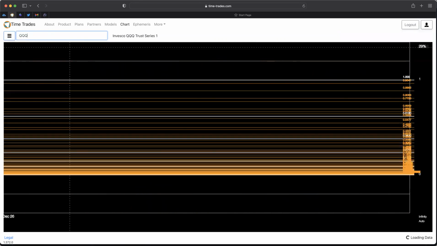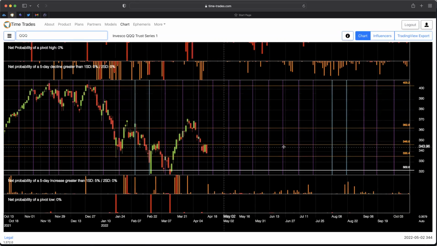One of the things I noticed about the Qs is we're actually pretty close to this magic level down here at 335. I wouldn't be surprised if this bearish momentum carries over to Monday and we tag this magic level at 335. That's been a very important level in the past.